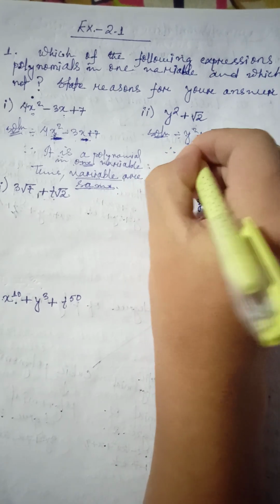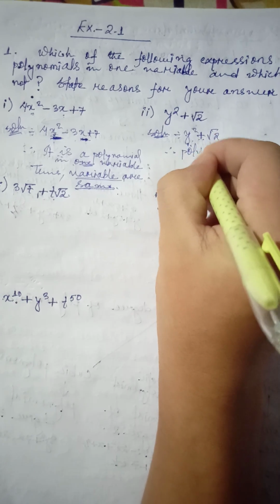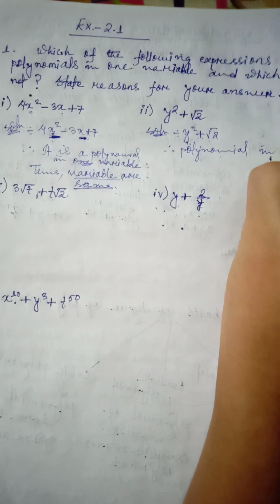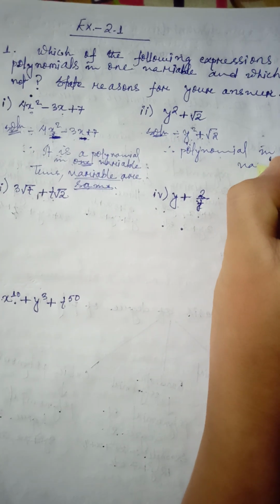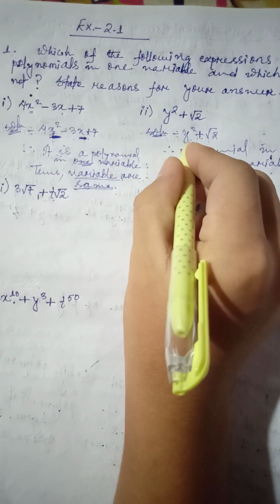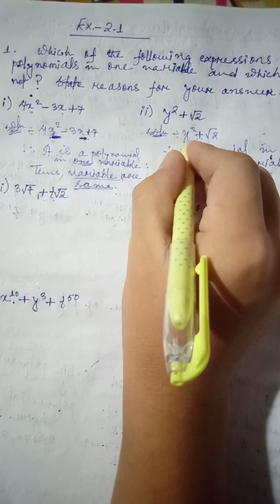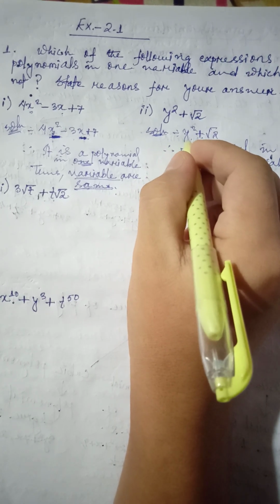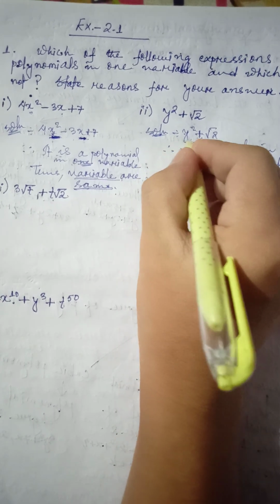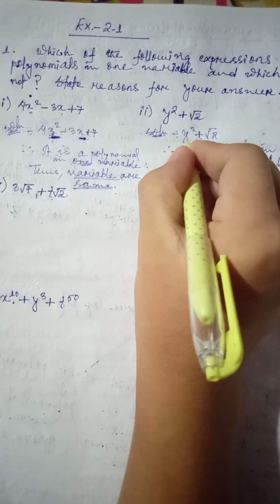Only one variable is there, so we call it a polynomial in one variable. Why is it a polynomial in one variable? Only y is present. There is no other variable like x, z, or t. We have only y, so we call it a polynomial in one variable.